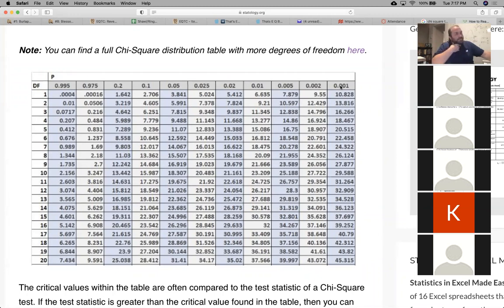Which is it, based upon this experiment that we just did? Oh, since we're rejecting the null hypothesis, then the categorical variables are dependent on each other.